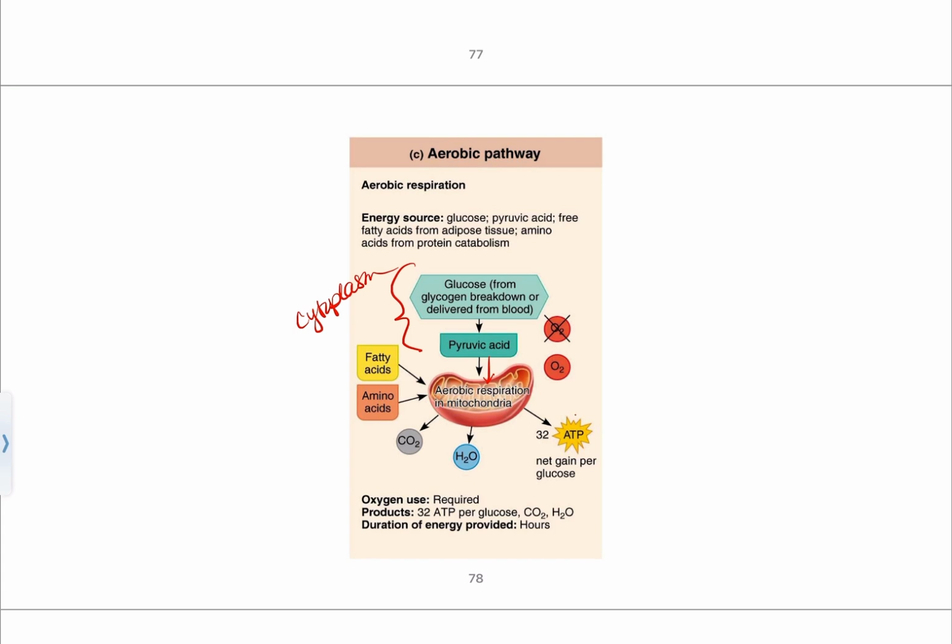Bottom line is the product of aerobic pathway is going to be to produce carbon dioxide, water, and most importantly, ATP, but a huge amount of ATP.